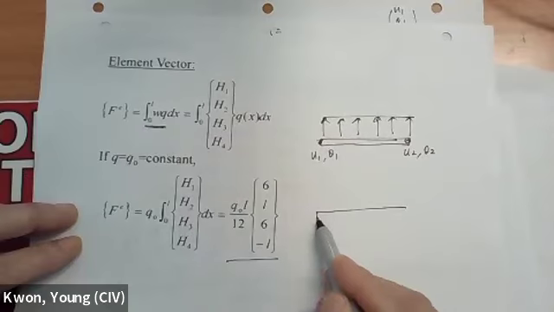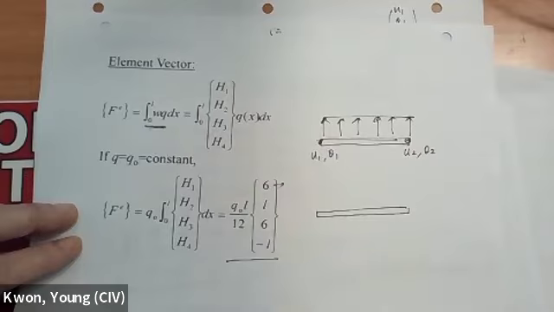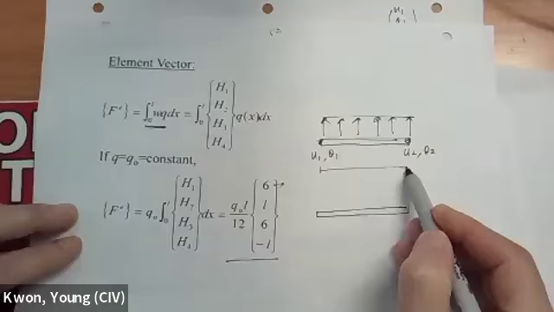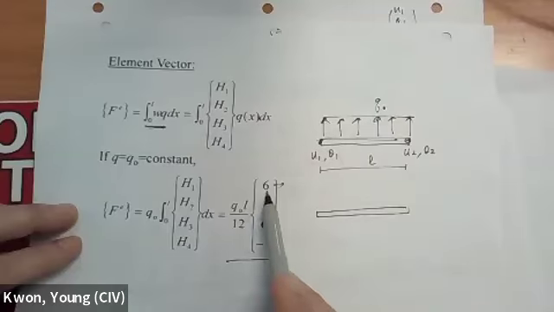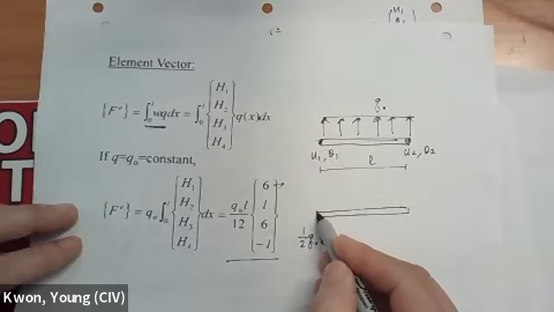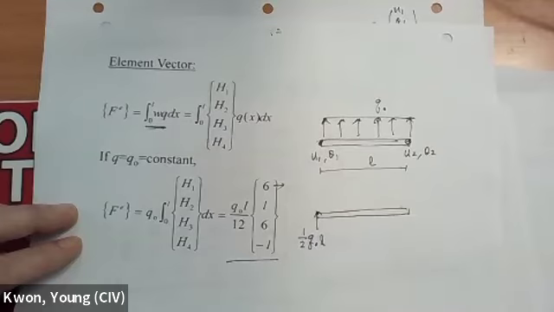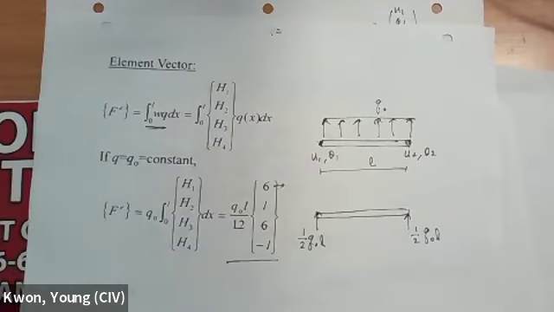This is the force. So that's going to be 6/12. The length is L, and this is the Q0. Then 6/12 is 1/2 Q0L. That's the force. And same thing here, 1/2 Q0L. Okay.